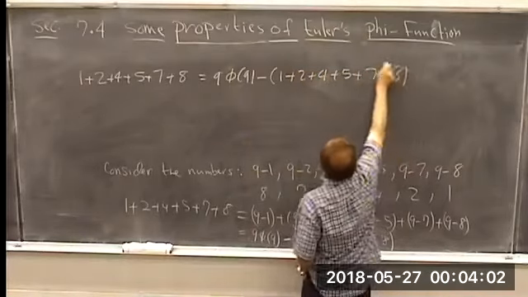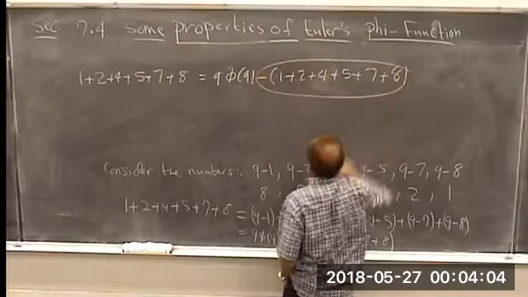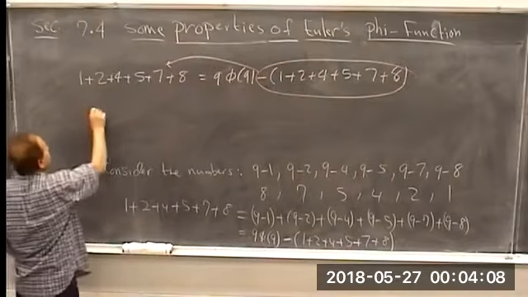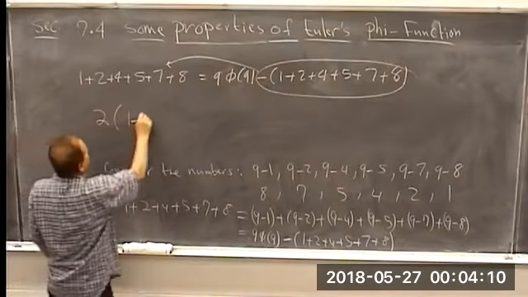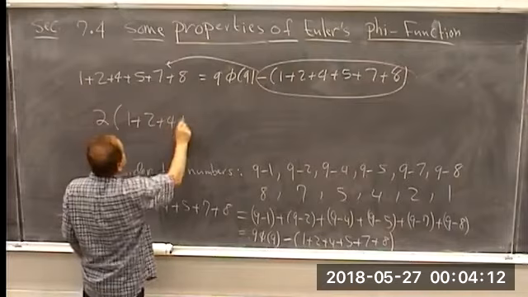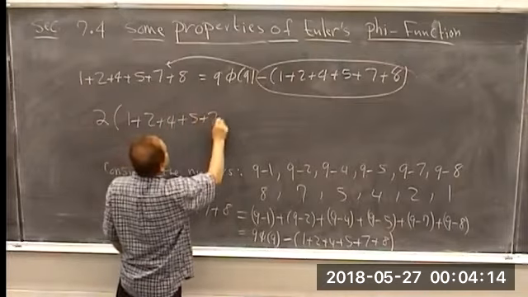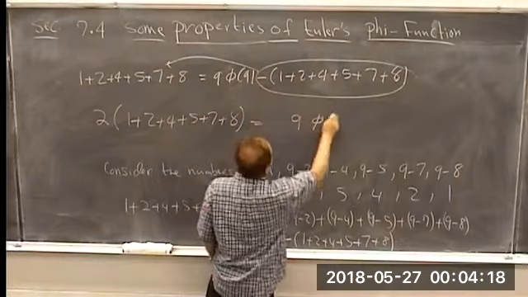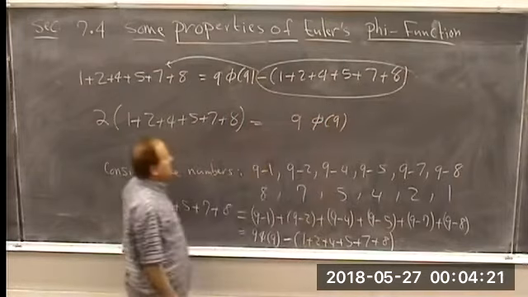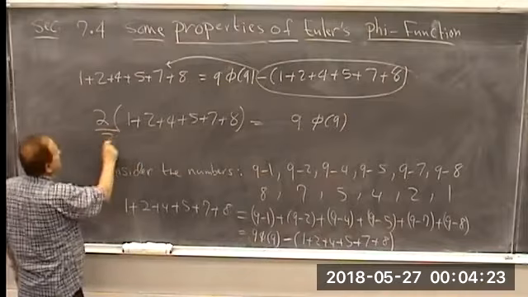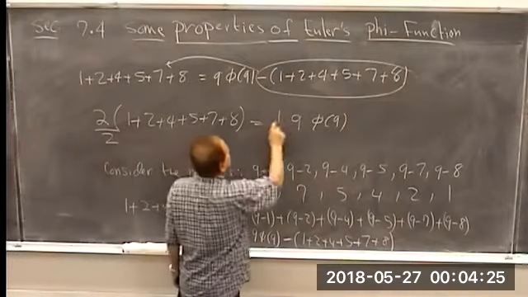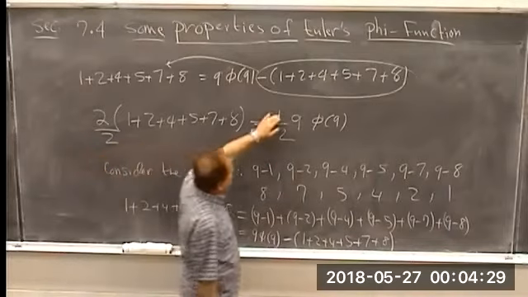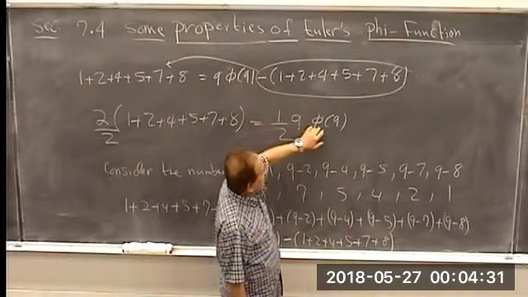Well, I'm going to take this to the other side of the equation. So what I get is twice this sum equals 9 phi of 9. And then I divide by 2. And I get the formula that the sum of these is equal to 1/2 n times phi of n.